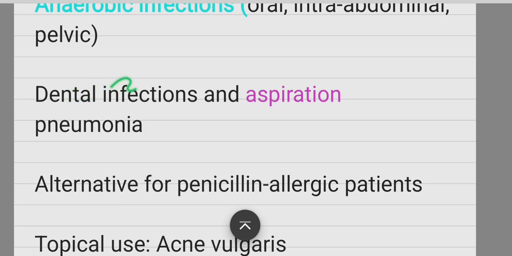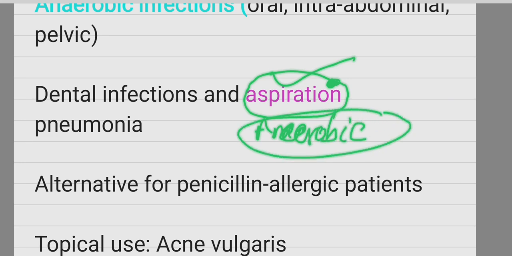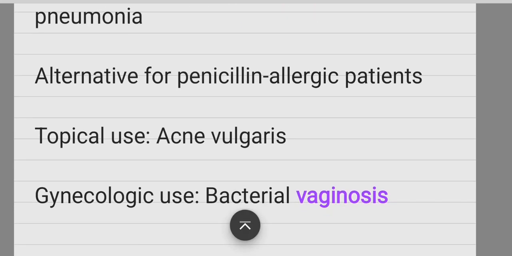It can also be used for dental infections, because dental infections can be caused by anaerobic bacteria, and aspiration pneumonia, because aspiration contains secretions from the mouth and it contains anaerobic bacteria. Therefore, aspiration pneumonia can be treated by using clindamycin.